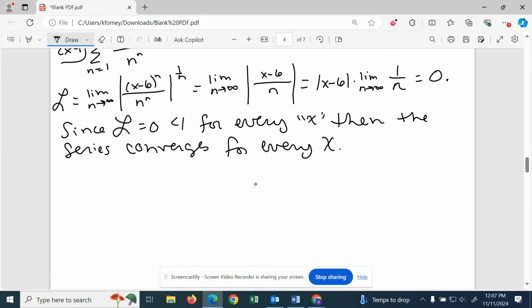So we would say our r is infinity, and the interval would be from negative infinity to positive infinity.